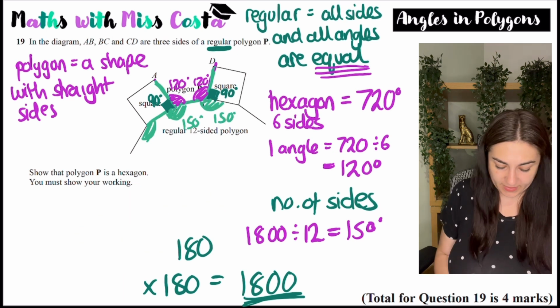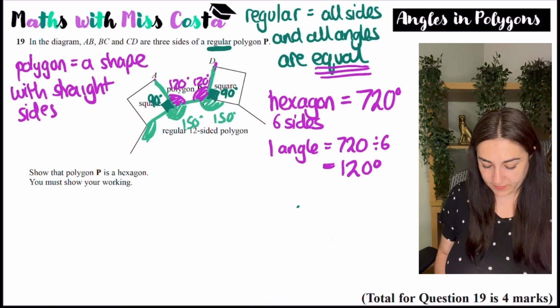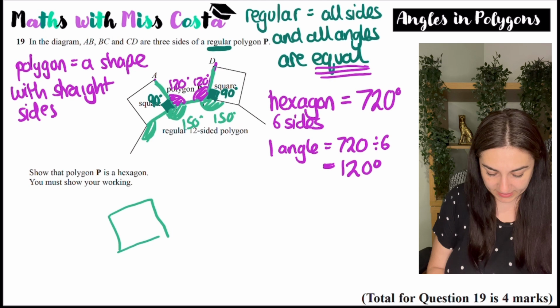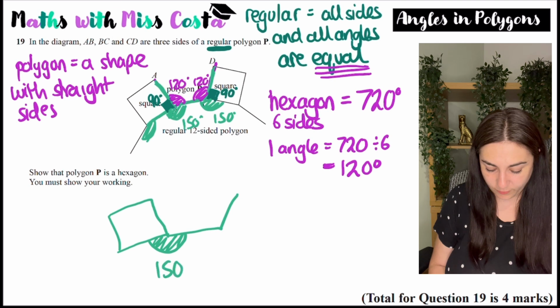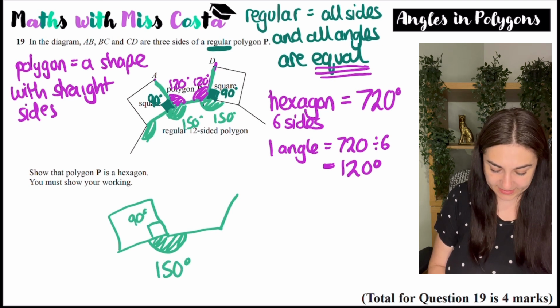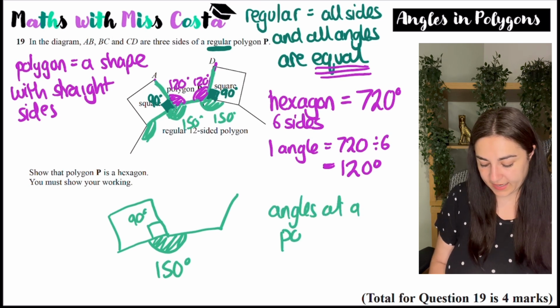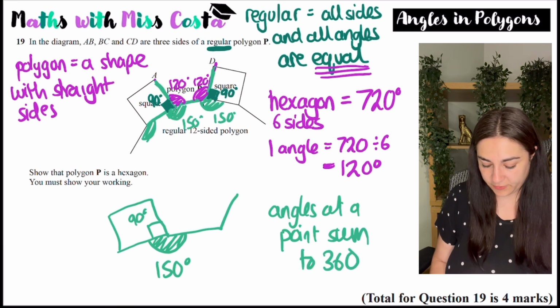So let's see what I can do there. If I just zoom into this bit here, the bit that is really important for my thing. So this I've worked out is 150 degrees. This I know is 90 degrees. And I also know that angles at a point sum to 360 degrees.